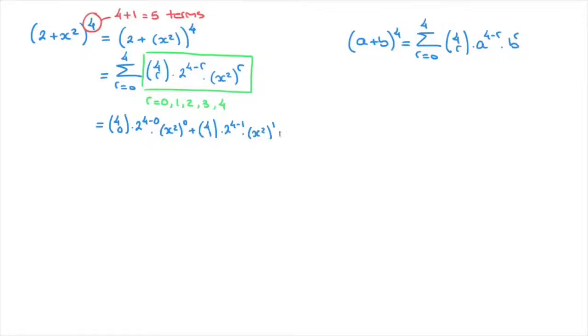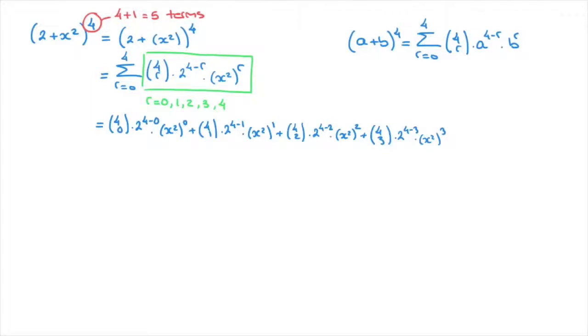We add to that the case where r would equal 2. That's the coefficient for 2 times 2 to the power of 4 minus 2 times (x²) in parentheses raised to the power of 2. We add to that the case where r equals 3, so that's the coefficient for 3 times 2 to the power of 4 minus 3 times x² to the power of 3.